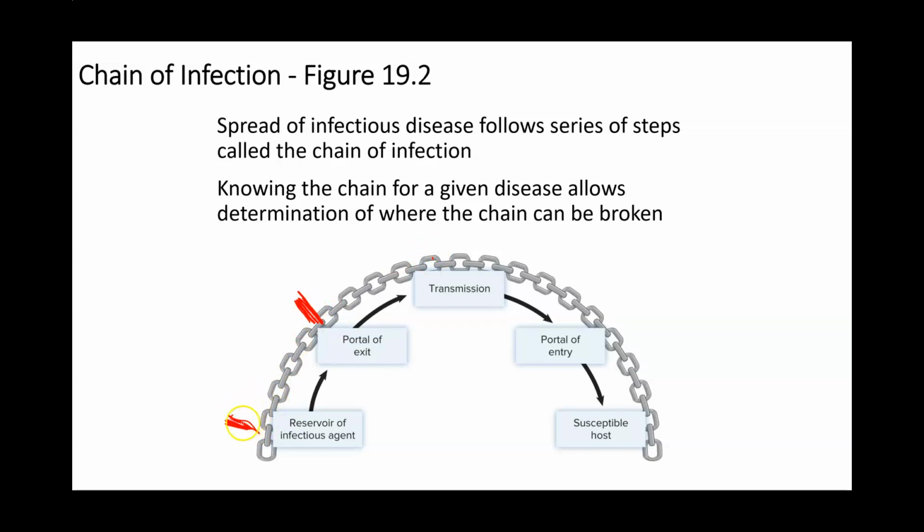That reservoir holds these pathogens. The pathogens have to be able to leave. They have to be able to transmit to another organism. So another organism has to take it in through some portal and has to be susceptible. So if we know the chain, then we can break the chain somewhere, like right here or right here, and then that infection won't spread.